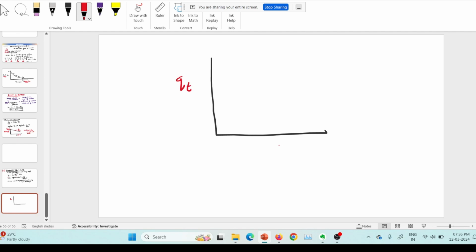It will be a straight line, and this slope will be KID, and this intercept will be CI. So this was about the interparticle diffusion model.